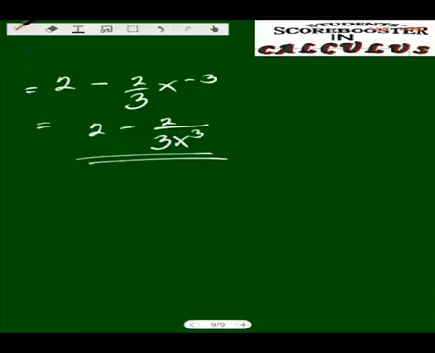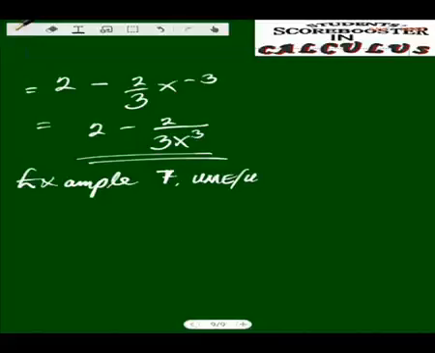So let's take example 7, and this is going to be the last one for this topic. So I'm going to use again a UTME question. Now this question is coming from year 2000 and it is question 40.